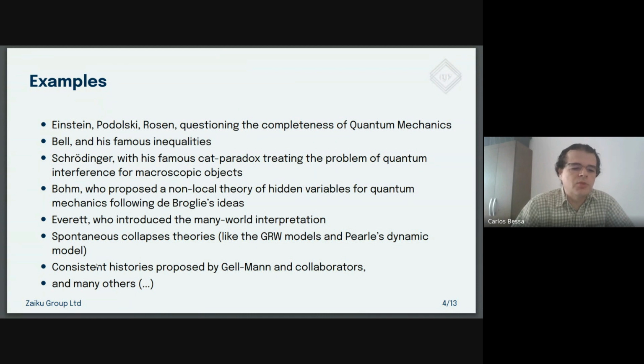Another type of interpretation is consistent histories, proposed in principle by Gell-Mann and some other collaborators, and many other topics that you guys can bring and we can discuss. I think that in the last meeting, it was Diego who proposed that one day we have a discussion about Deutsch's proposal of an experiment using quantum computing to differentiate between the many-worlds interpretation and the Copenhagen interpretation.